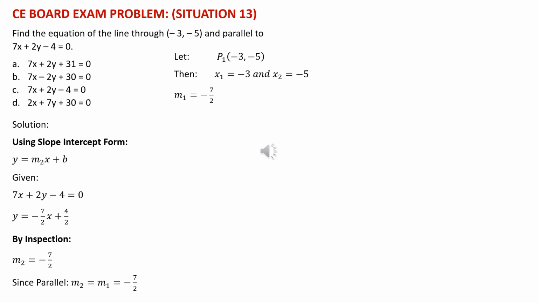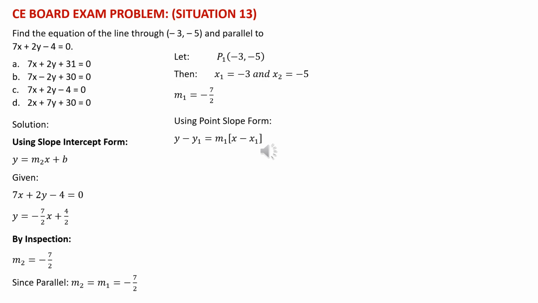And afterward, let the coordinates (-3, -5) be our P1 or point 1, so that the value of x1 will be -3 and y1 is -5. And of course, the value of our slope m1 is equal to -7/2 since we have parallel lines. Coming up next, we have to adopt the point-slope form of a straight line.